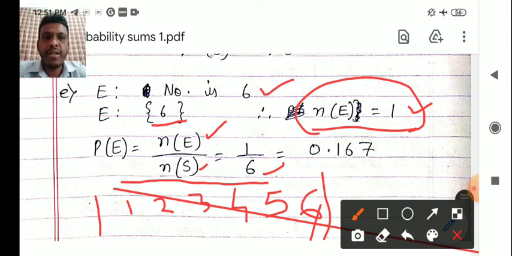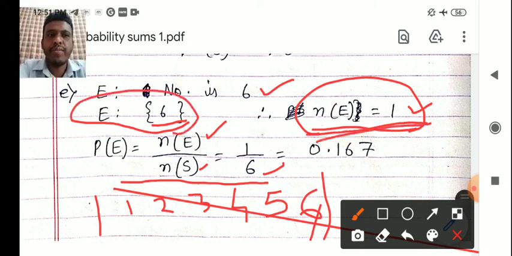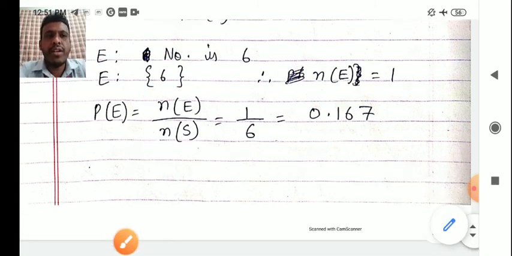Only one item. Okay, so that item will come in set E here. So n of E is equal to 1. Fine. So this is about this problem.